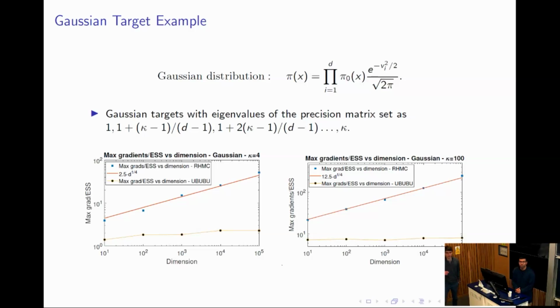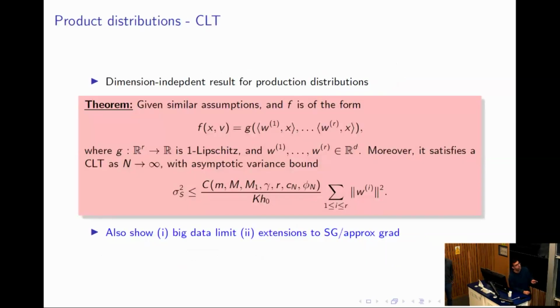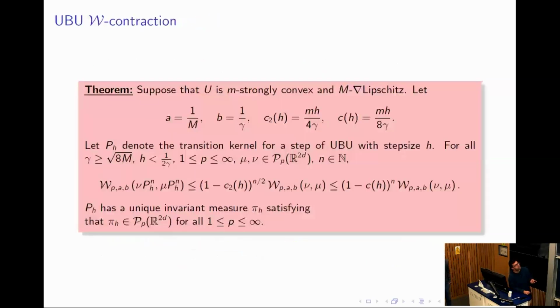Any other? Oh, Laura, yes. When you're proving your contraction, you said let CH equal. So how do you derive the CH? Well, this agrees with the continuous analysis, but it just comes out of the analysis, I think. Once you try to prove these contractions, you use the same noise and then you consider the inequalities, and this is the constant you need in this high friction regime.